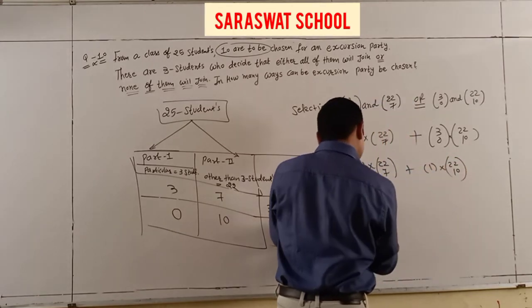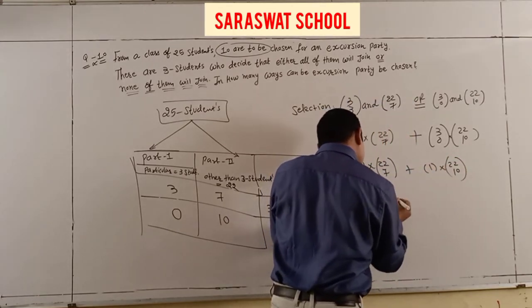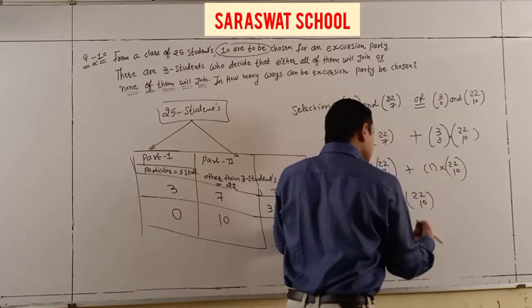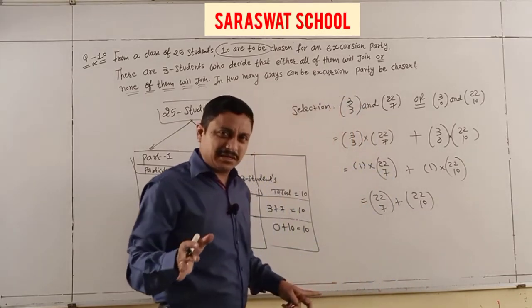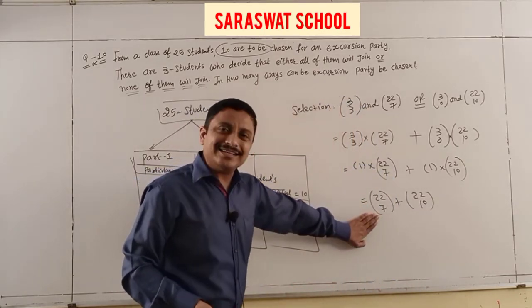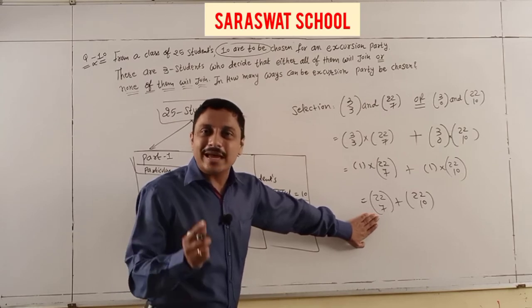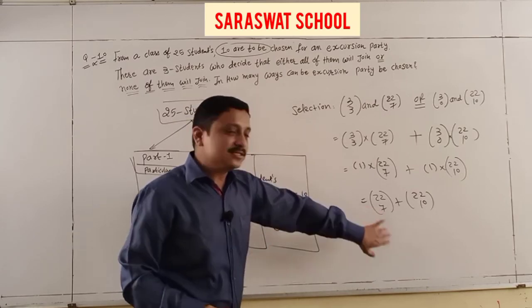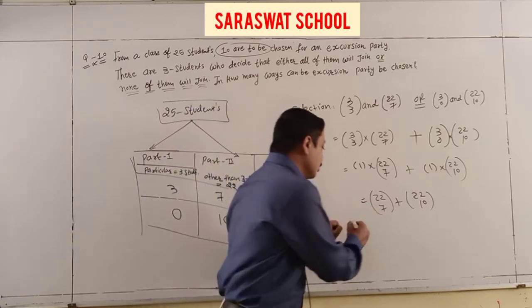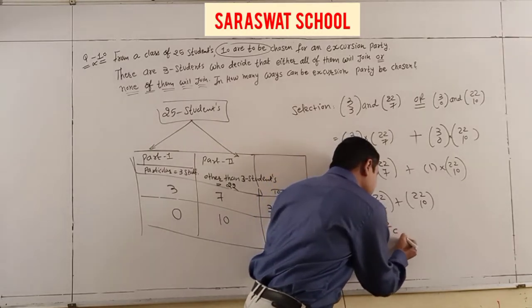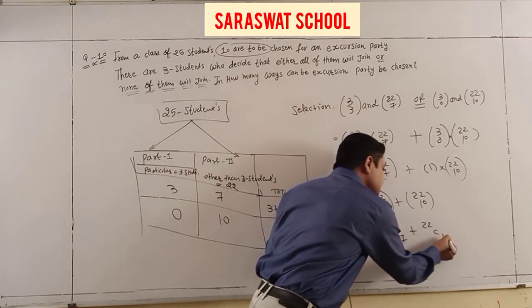Now my last answer is 22C7 plus 22C10. Students, this calculation is very big, so I just stop here for this numerical. The answer printed on the back is this, and this is a correct solution. Maybe you can write it in this form, 22C7 plus 22C10.